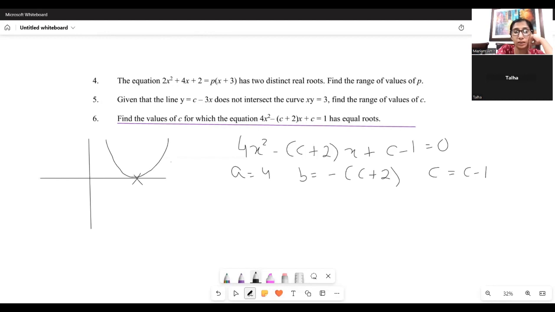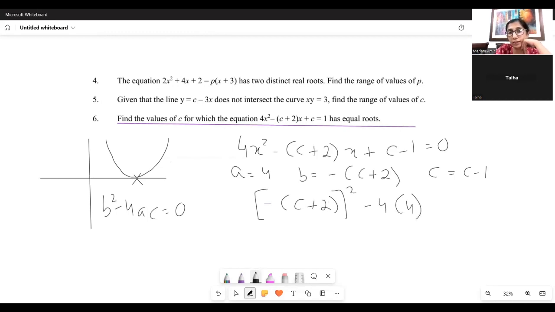So b square minus 4ac equals 0, we have to do. So minus c plus 2 whole square minus 4ac is equals to 0. When you square a negative value, it becomes a positive value, so you can just ignore this negative. It will become positive.